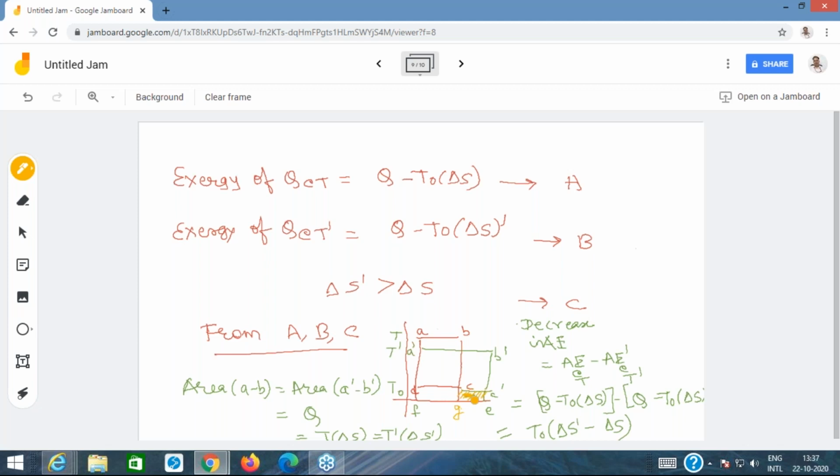Is this clear, Gunjan? Gautami? Okay, thank you. So anybody who has not understood this, apart from the usual students, if you understood, I would go to the next topic.